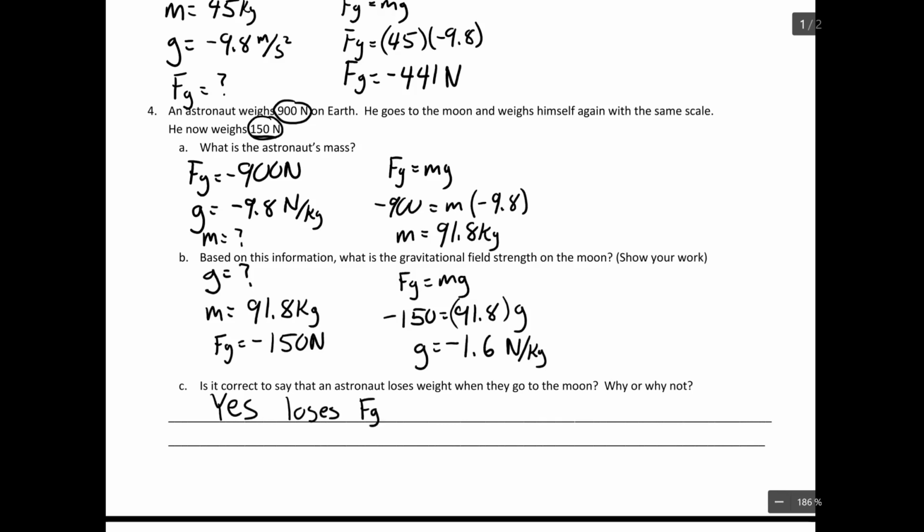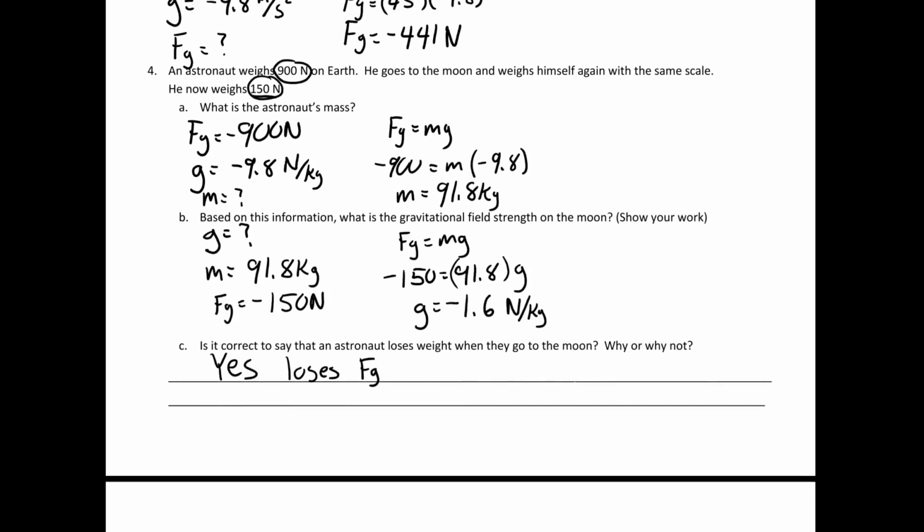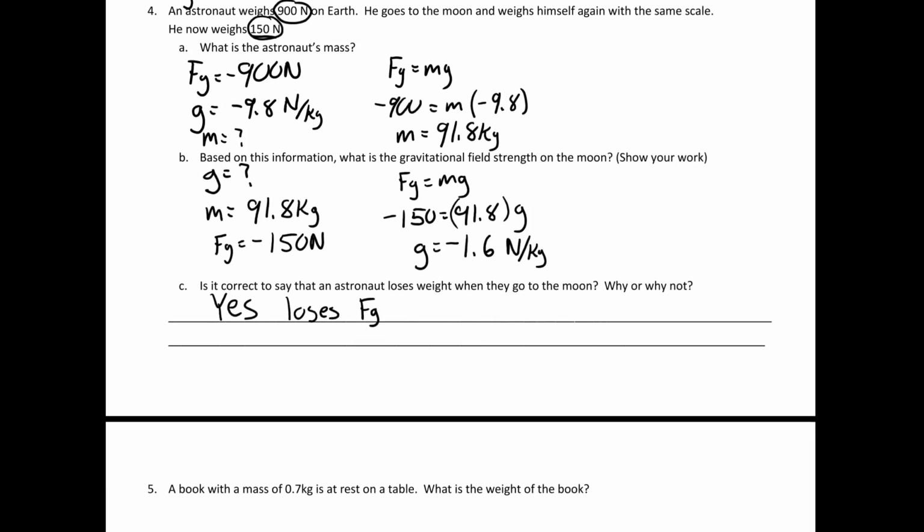He loses a force due to gravity. The magnitude of the force due to gravity decreases. Normally when people say, oh, I lost weight, they're saying they lost mass. It's kind of like a little trick of the words there. But technically they're asking for the weight, right? But does he lose mass? No, he does not lose mass.